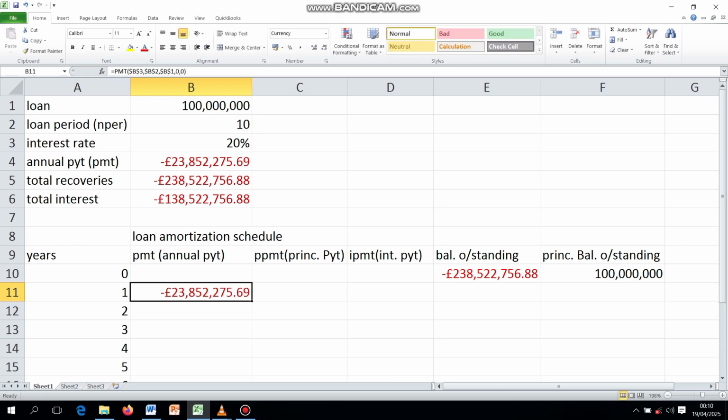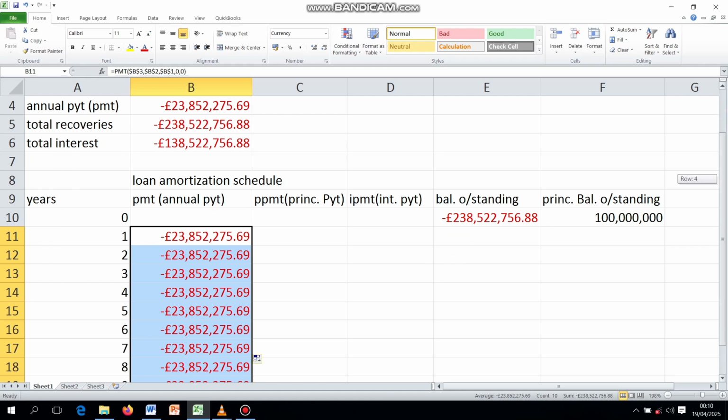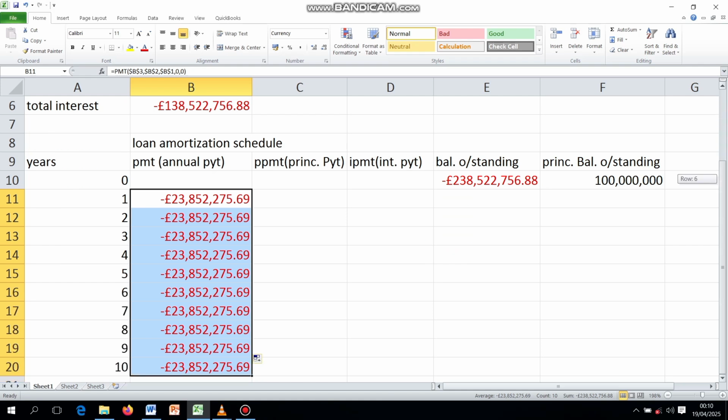So after getting the value for the first year, I will auto scroll. Then it will show me the values for every year because we were told the amortization of the loan will be in the form of equated annual repayments. So when you're copying, all of them are equal.